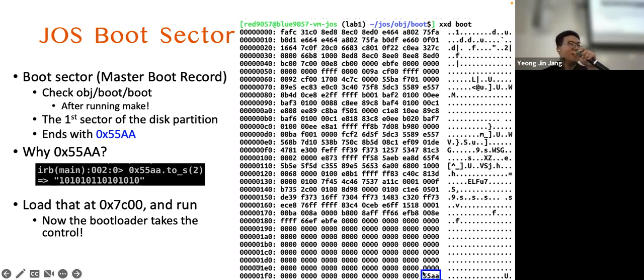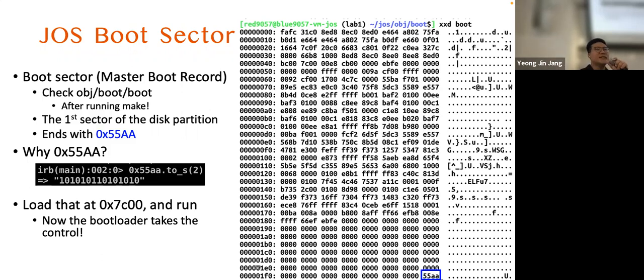Maybe some of you have questions about why 55AA. I tried to decode 55AA in binary, and it is something like 1010101001010101, an alternating pattern. I'm not sure about the exact reason, but maybe the engineers in the early stage wanted to detect any kind of bit flips or errors.